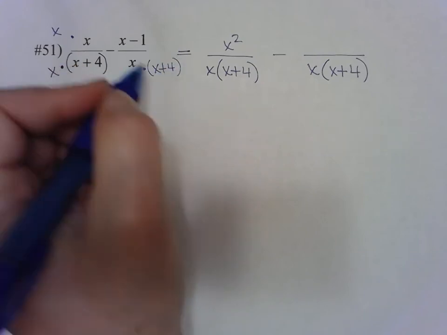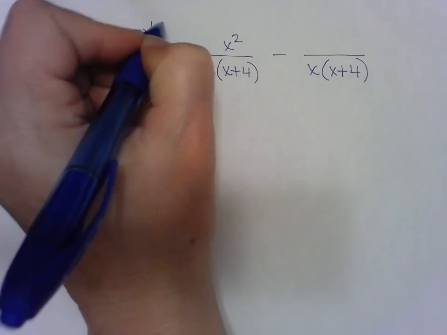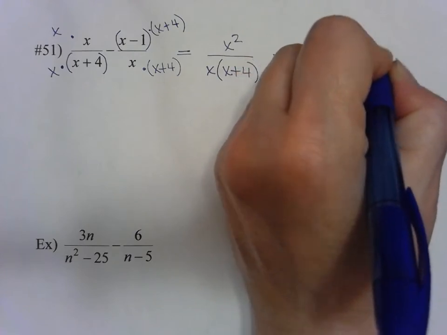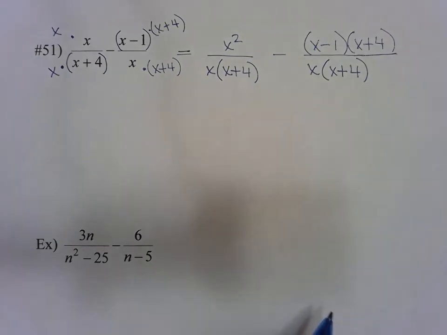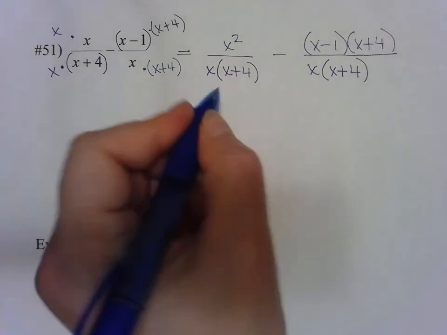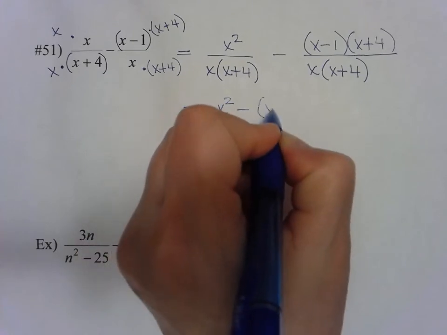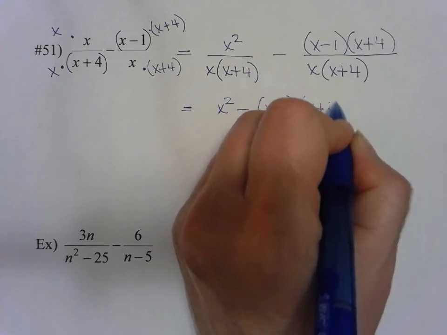Again, anything I do to the bottom, I also have to do to the top. So I'm going to have x minus 1 times x plus 4. So this becomes x squared minus x plus 1 times x plus 4.